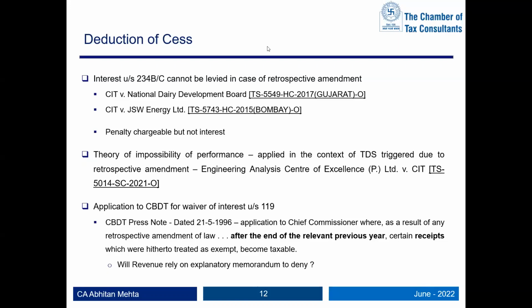I have reproduced that extract of the notification. The notification says only that there is a retrospective amendment. Interest cannot be waived. You can make an application, but it says that as a result of a retrospective amendment after the end of the relevant previous year, certain receipts which are treated as exempt become taxable.